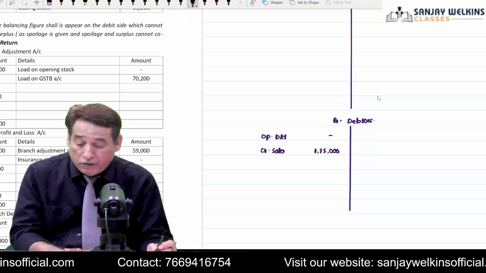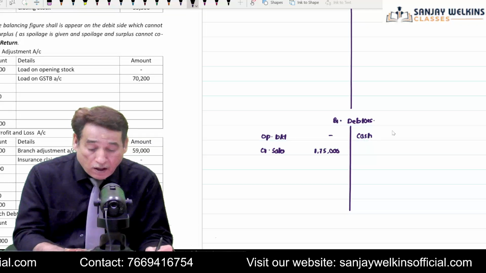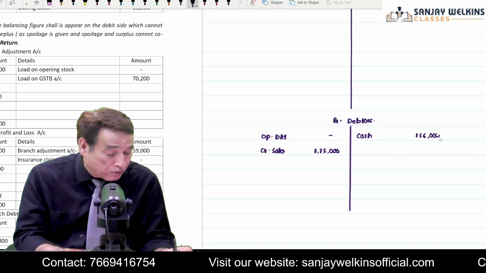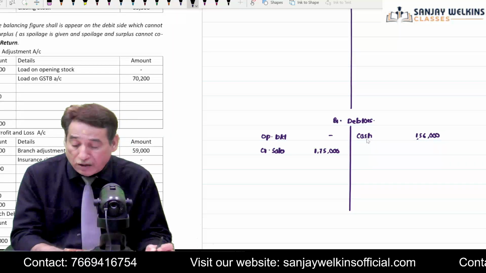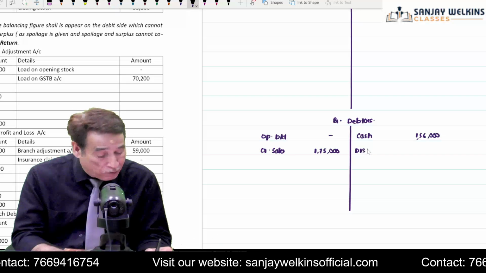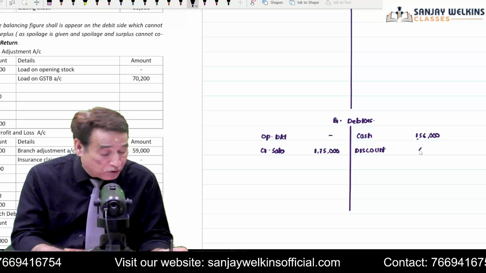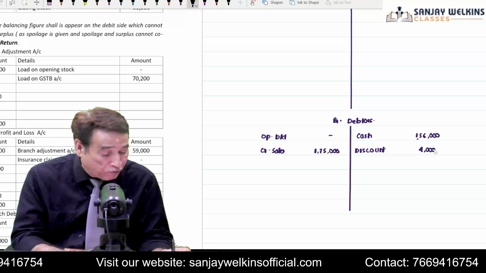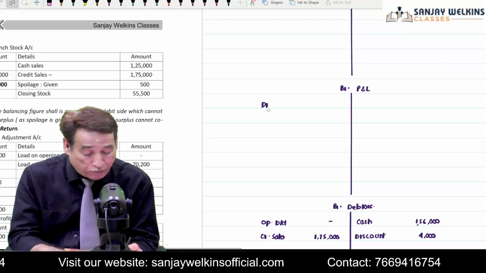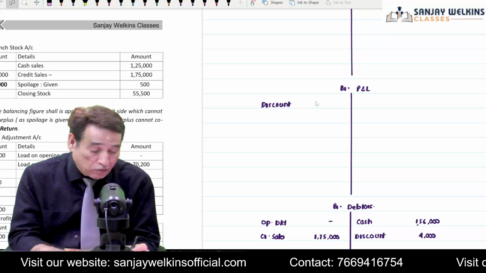Then we are given cash collected from debtors, so I will write by cash 1,56,000. Discount allowed is 4,000. I am going to write the discount on the credit side of branch debtors, 4,000, and further we will take the discount to the debit of the P&L account, that is 4,000.